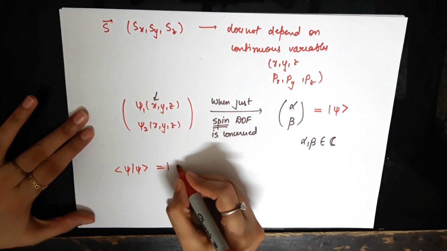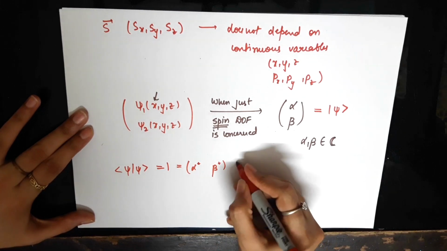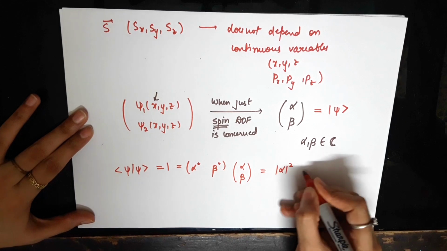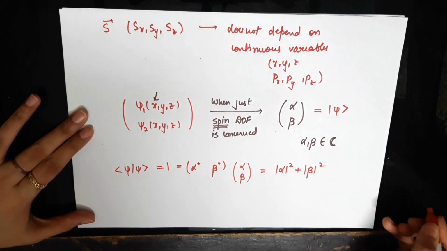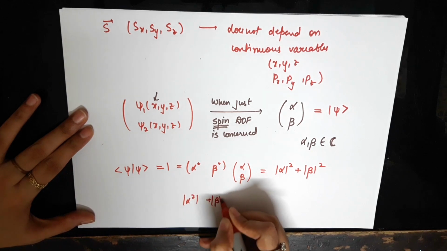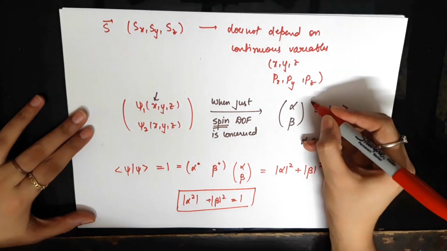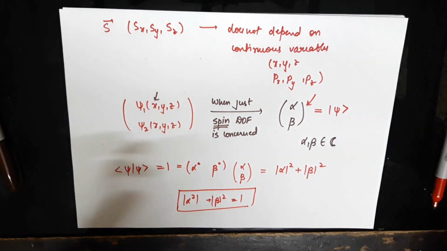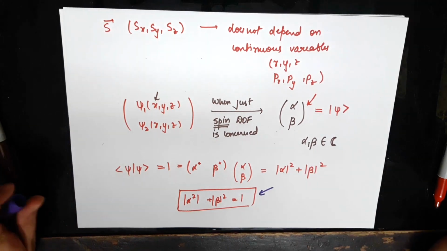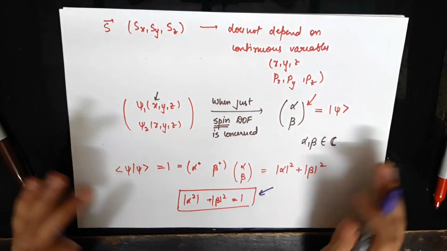That inner product you can calculate as alpha star beta star for the bra psi and alpha beta for the ket psi, and this comes out to be alpha mod square plus beta mod square. So this is the additional requirement that you put in physically on your wave function: your electron is described by this kind of a wave function, and the alpha and beta complex numbers are constrained by this requirement because of the probabilistic interpretation, because the probabilities have to sum to 1.